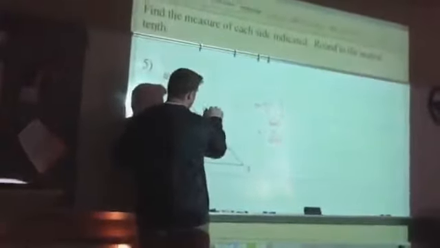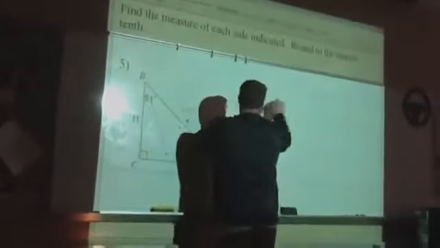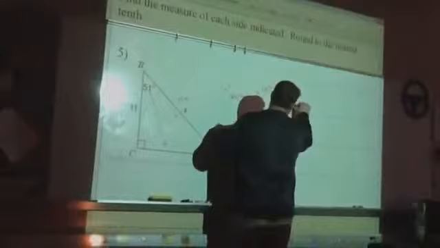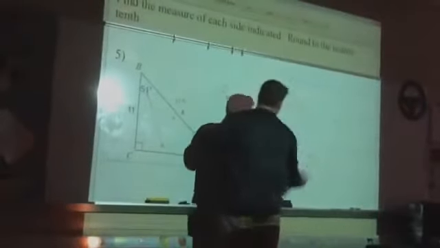Do you care to work it the long way for visual folks like myself? Yes, ma'am. Just so they know what you mean by swap. Okay, here's what you do. Instead of swapping, what you could do is multiply both sides by x. And these sides would cancel, right? So you would end up with x times the cosine of 51 equals 11.